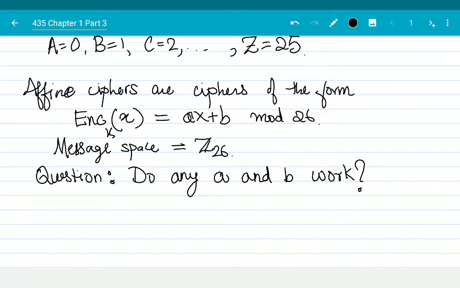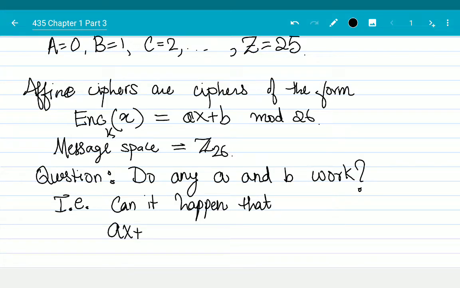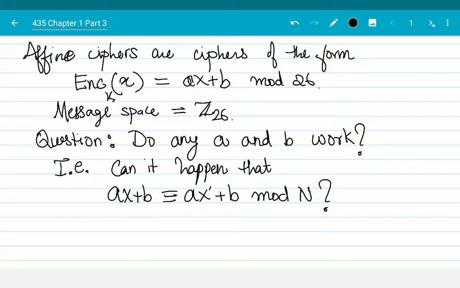Well, what we want is, that is, can it happen that ax plus b is congruent to ax prime plus b mod n? Because in that case, both of them will be encrypted to the same thing, and then I don't know if I can safely decrypt them back, right? In this case, we definitely wouldn't be able to decrypt them back.